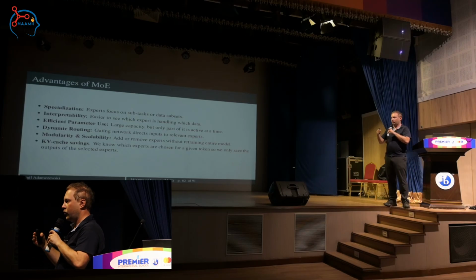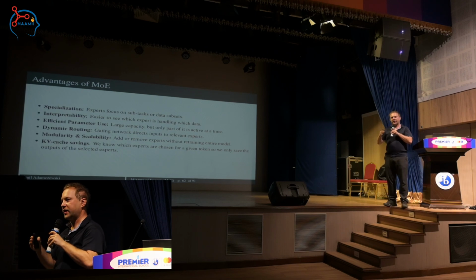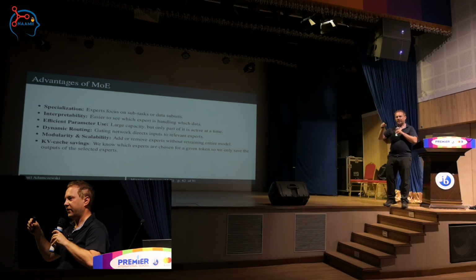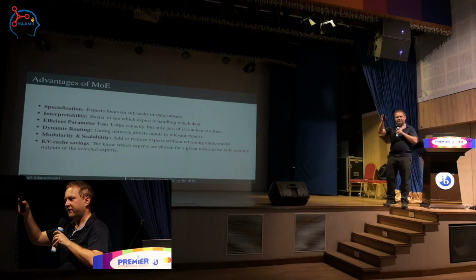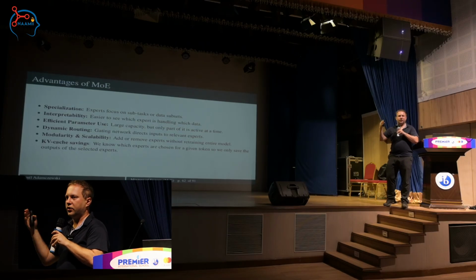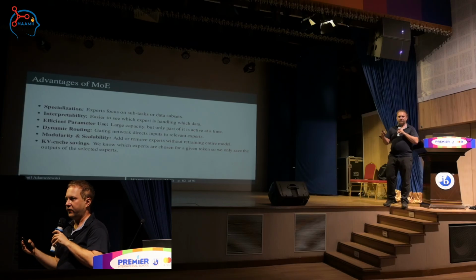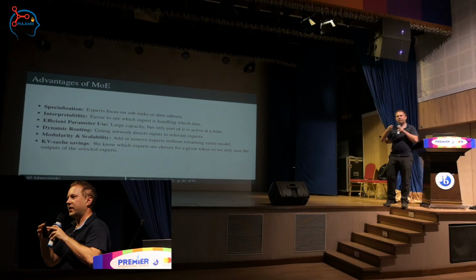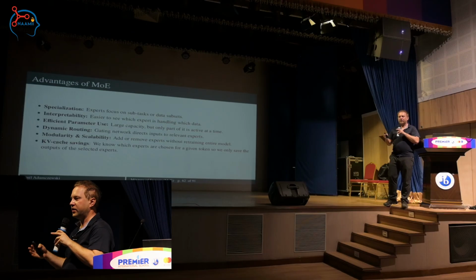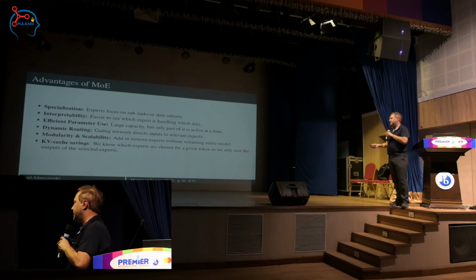In the case of mixture of experts, we know which experts are used for a given token, basically the path. We know how a given token will be routed, so we don't need to repeat it over and over again. In the case of the dense model, we have to save the values for all the activations. In the case of mixture of experts, we only save parts of the model. So this is also a saving.